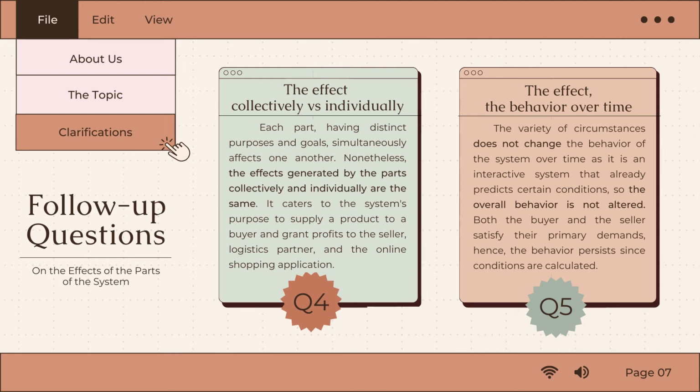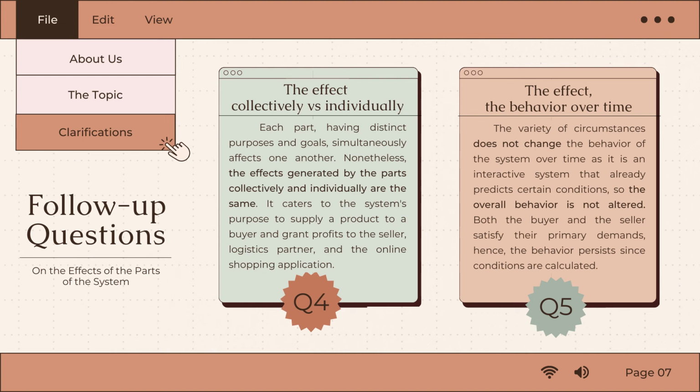As alluded, although having distinct purposes and goals, each part simultaneously affects one another. Nonetheless, the parts all together and parts on their own produce the same effect, which caters to the system's purpose: to supply a product to a buyer and grant profits to the seller, logistics partner, and the online shopping application.